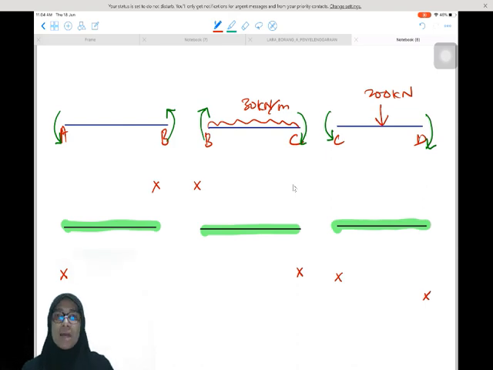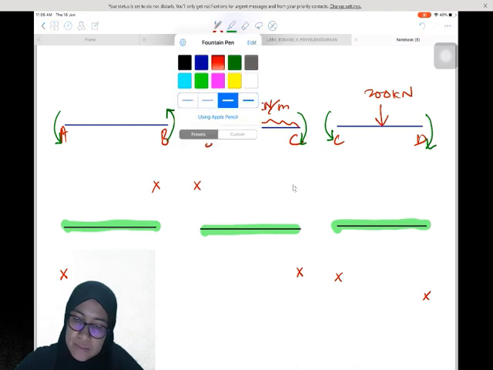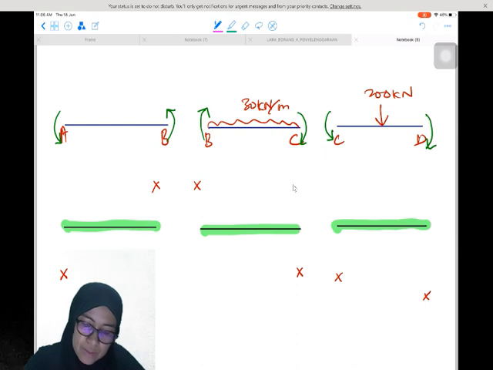What we need to do now is join all these to draw the complete bending moment diagram for each member. We do it member by member, separately.